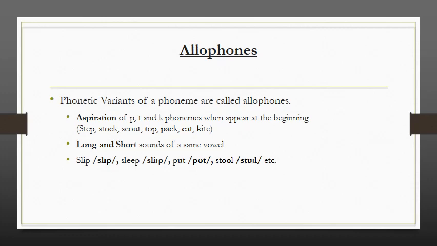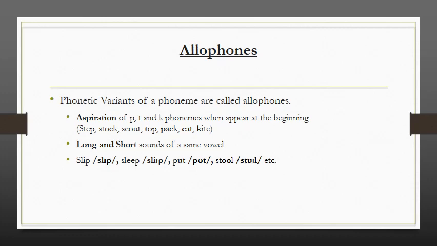For example, simply we pronounce t, but if t is at the initial position of the word, it's th. It's not t, it's th. This phenomenon is known as aspiration.